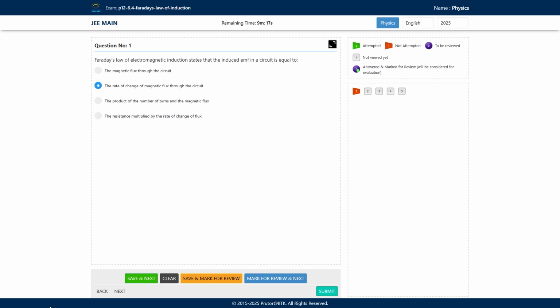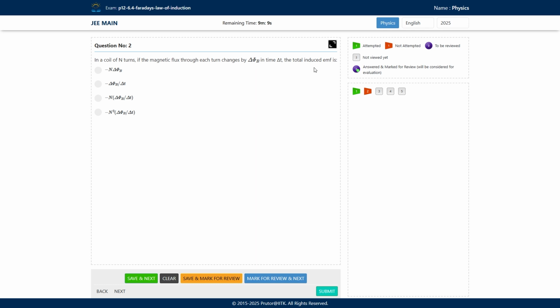Okay, B option. Good. In a coil of n turns, if magnetic flux through each turn changes by delta ΦB in time delta t, the induced EMF is. Which option is correct? There are n turns. Okay, C.